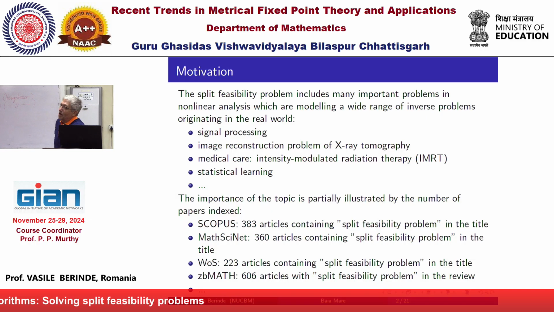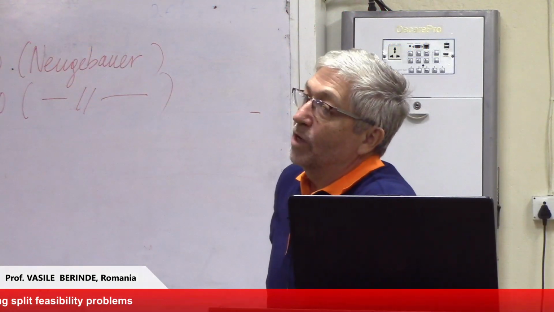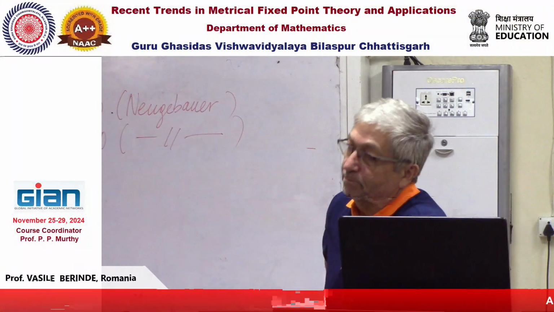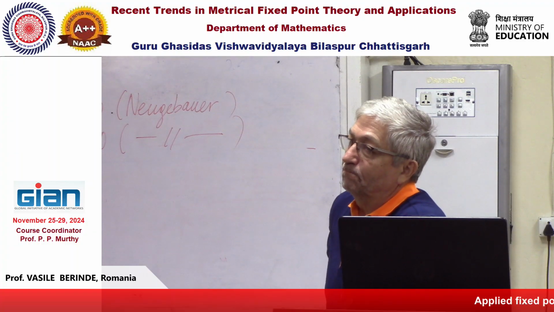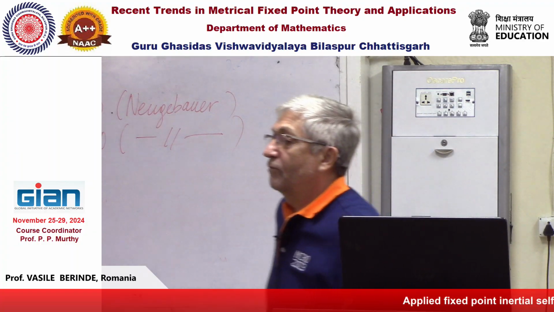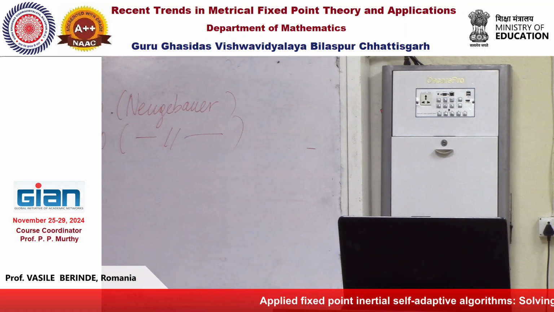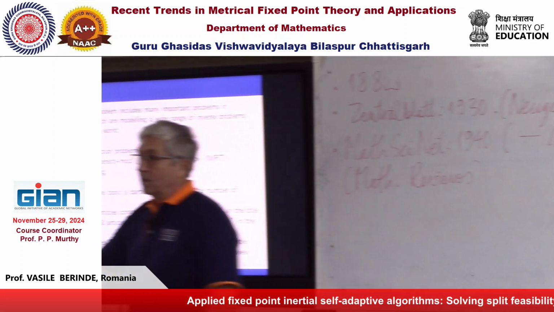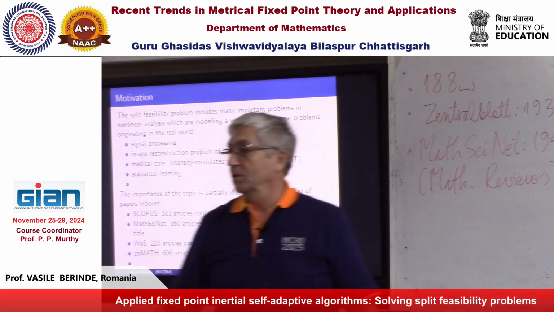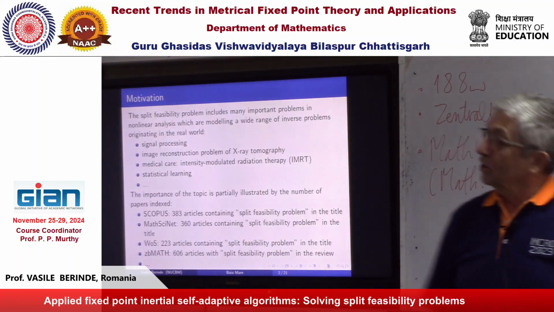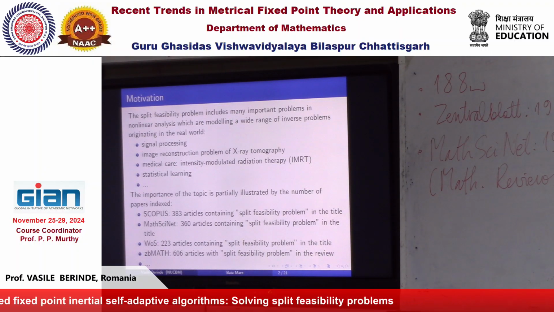We have in Romania, we are paying, we subscribed here. So we have MathSciNet, full access to all these databases based on a subscription, ScienceDirect also. The subscription is not cheap.